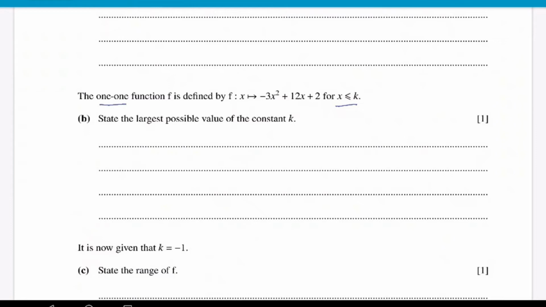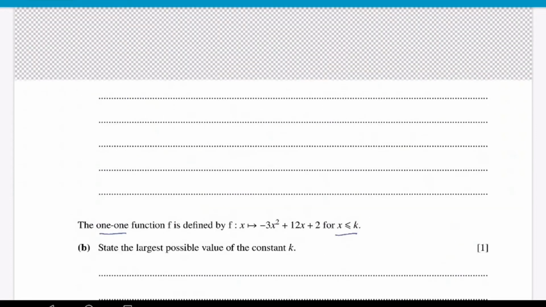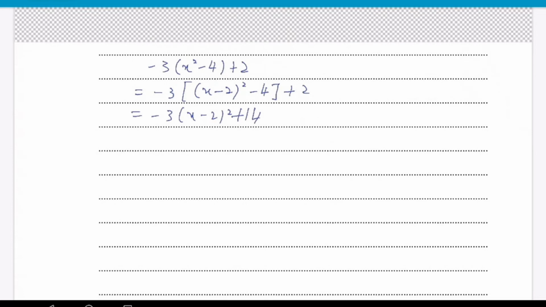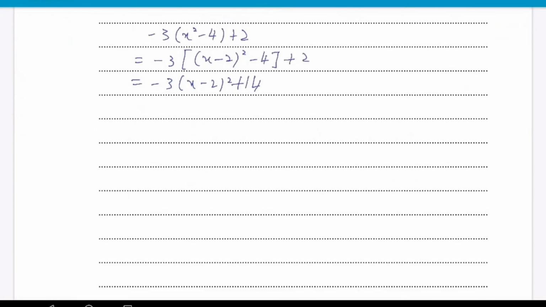So they already mentioned it's 1-to-1. And as we know, this quadratic is of course not 1-to-1. It has a maximum point of 2, 14. So the graph actually looks something like this. This is the point which is 2, 14.